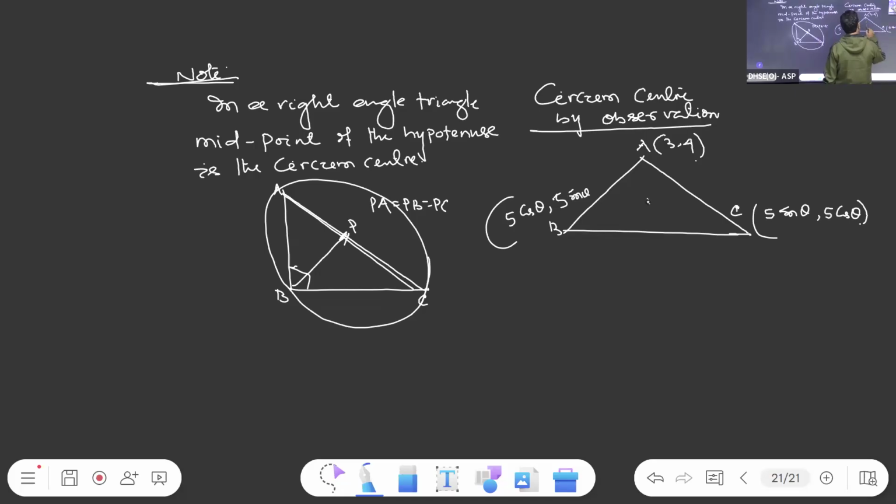So the distance from origin of each of these points is 5 units. So origin (0, 0) is the circumcenter of the triangle.